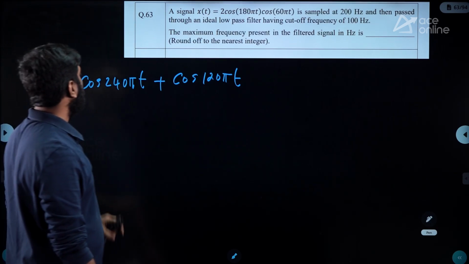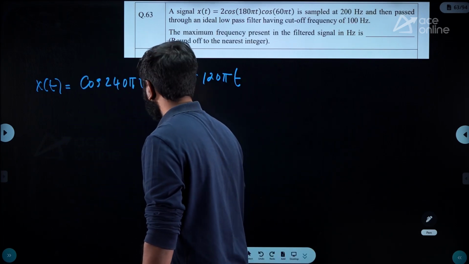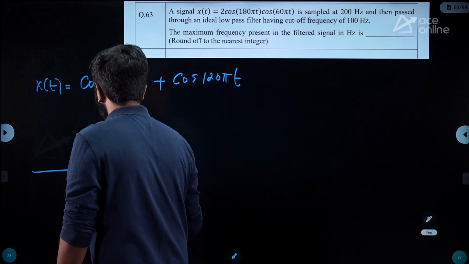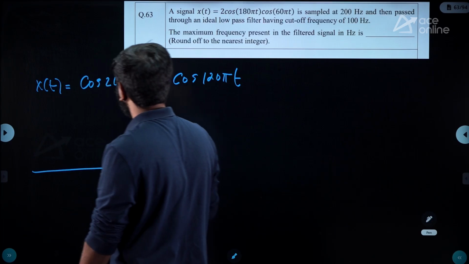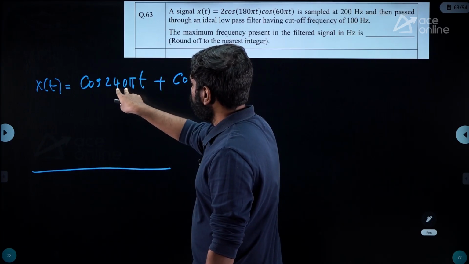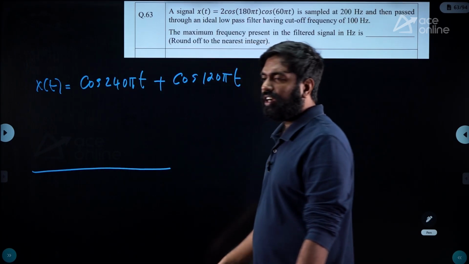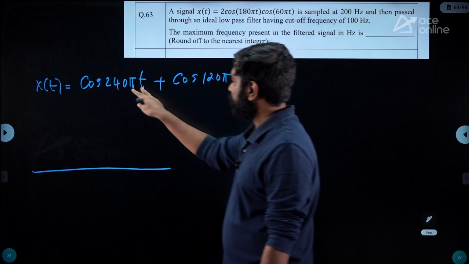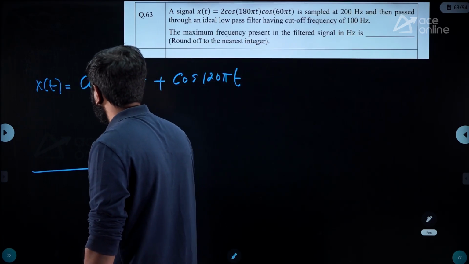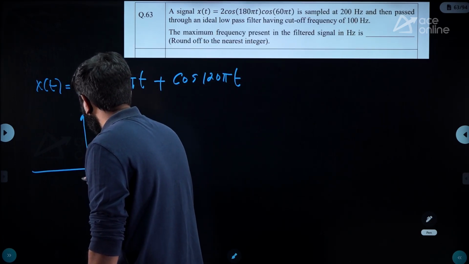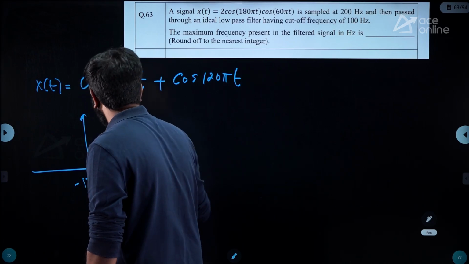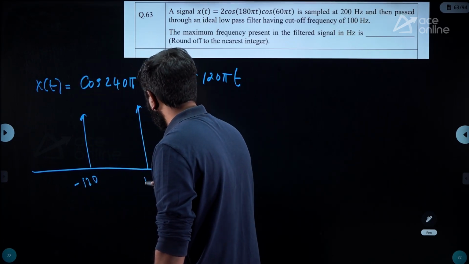So what is the Fourier transform of this fellow? I would like to write the Fourier transform in f scale. 240 pi means divided by 2 pi, 120 Hertz. So the Fourier transform of this contains two impulses, one at minus 120 and the other at 120.